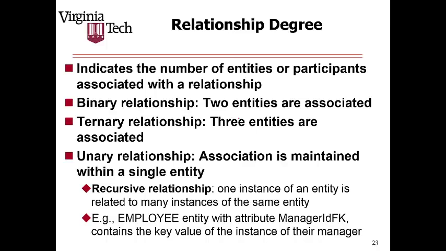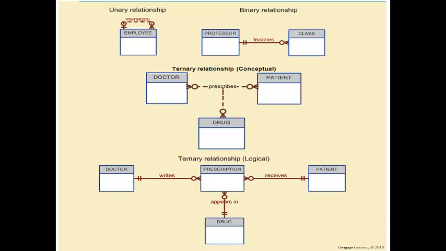And this is really, I think, an interesting way of modeling when there are naturally occurring hierarchical relationships in the world. Unary relationships are really strong for modeling them. Well, there is a unary relationship right here at the top of our slide.